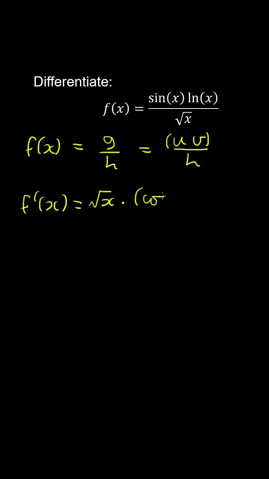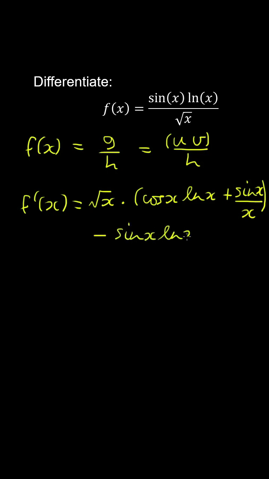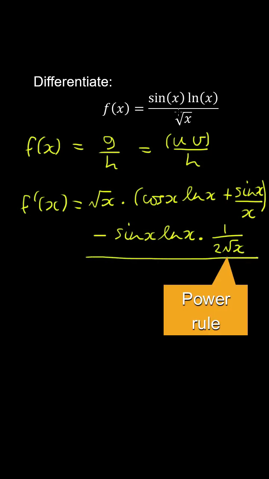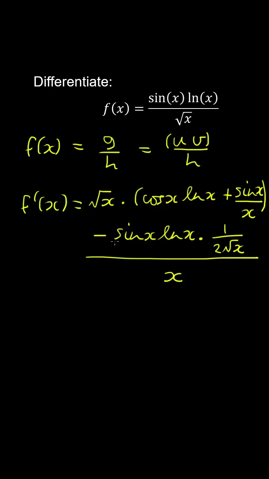So we have cosine x times the natural log of x plus sine x times the derivative of the natural log of x. And then we subtract, keeping the function in the numerator constant, and multiply by the derivative of the function in the denominator, which will be 1 over 2 root x. All of this is divided by root x squared. Then doing some algebra, you'll be able to simplify this further.